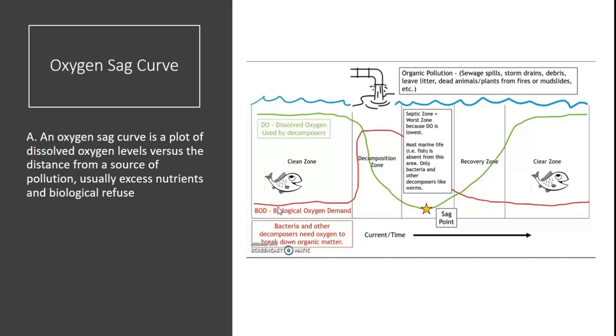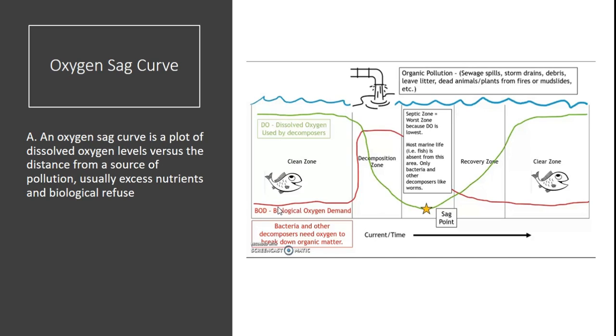Now, BOD, in its definition, is the need of bacteria as well as other decomposers found in the water for oxygen to break down organic matter. The dissolved oxygen is just the available amount of oxygen that would be used by those decomposers or other organisms.